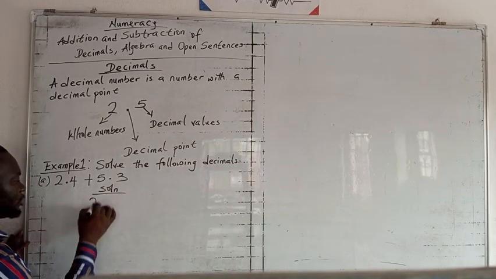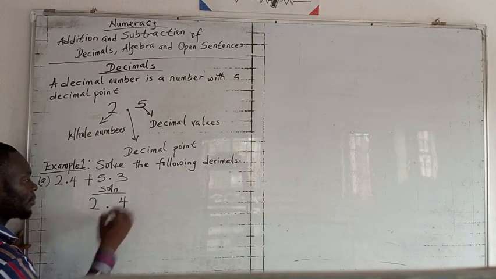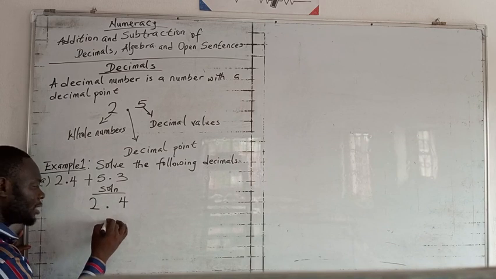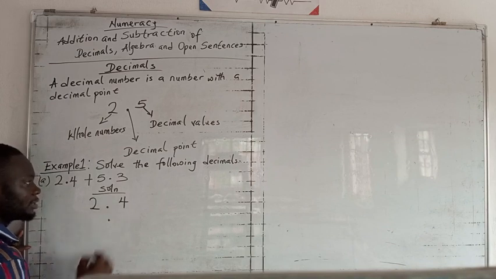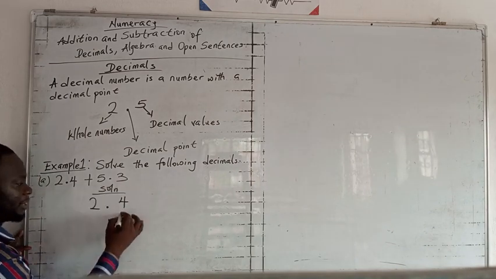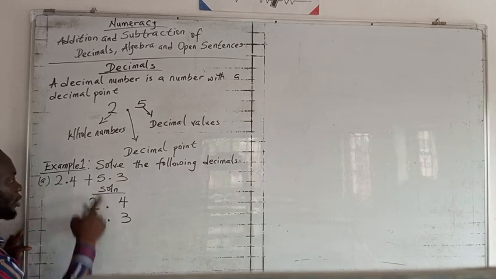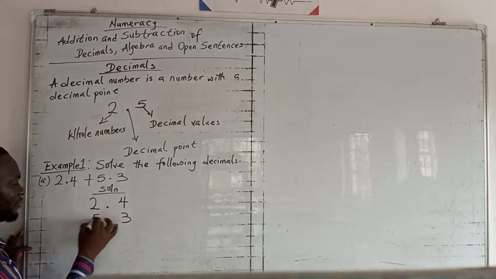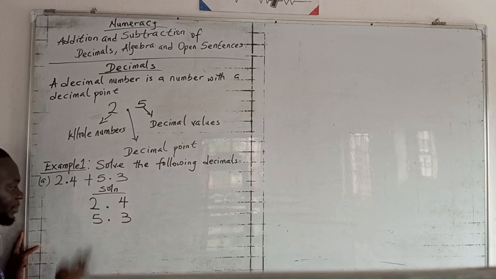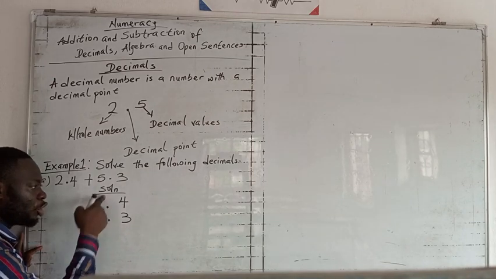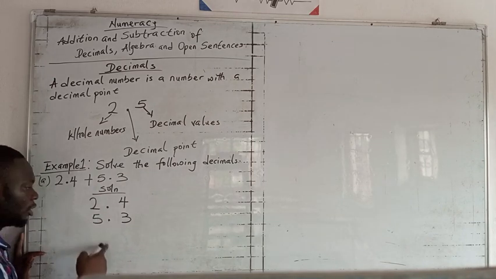If this is 2.4, my point should be under the same point. What number is here? 3, meaning that 3 will come under 4. What number is here? 5, meaning that 5 will come under 2. I see the arrangement. The decimal point is always under each other.